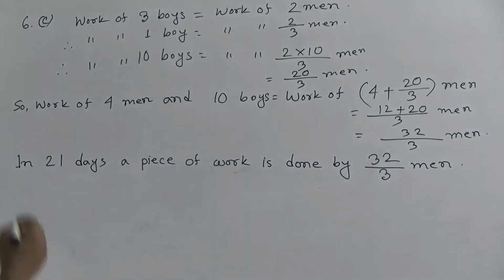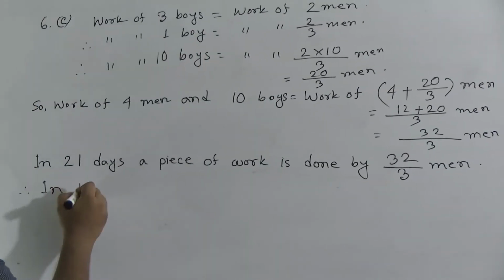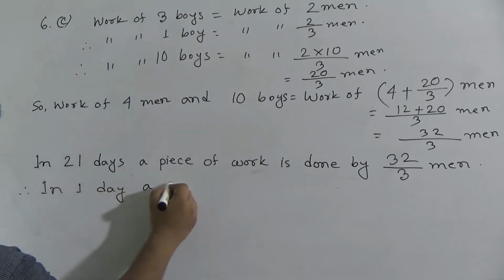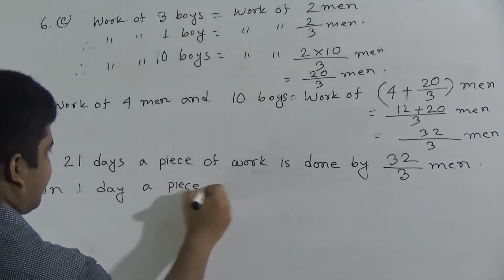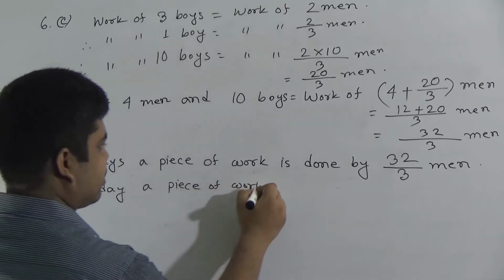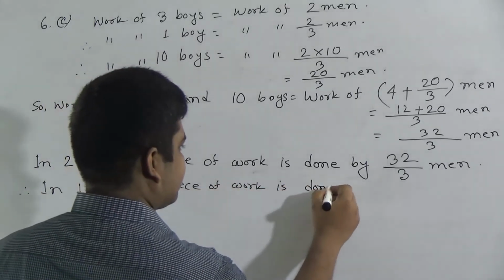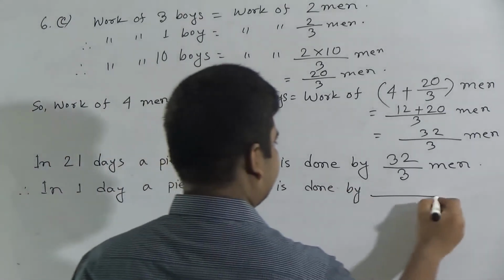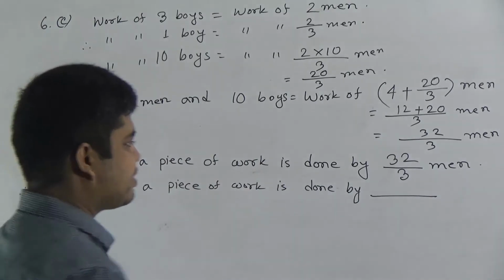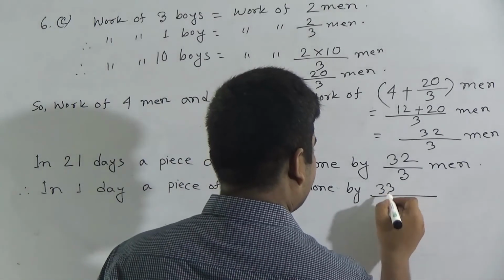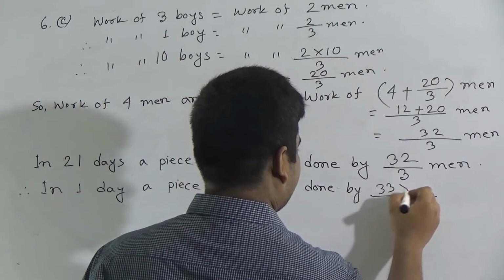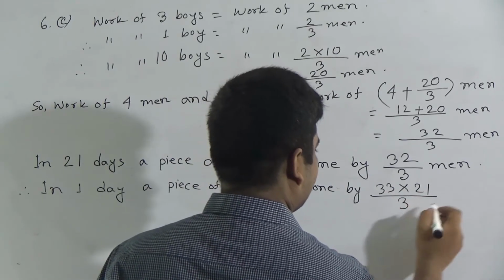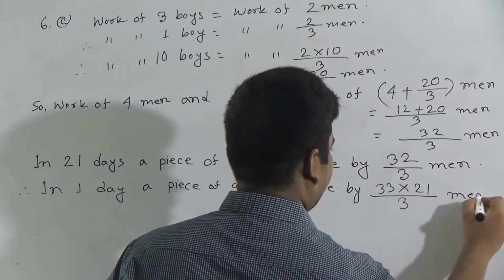Okay. Now, in one day, a piece of work is done by more days. As more days, that means more men, that means we do multiplication here. 32 multiply 21 divided by 3 men.